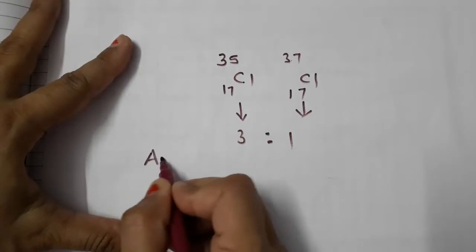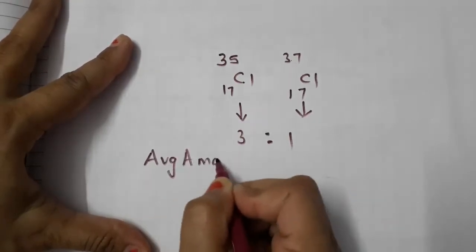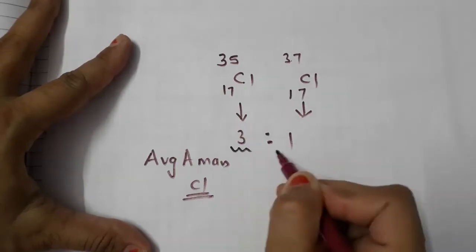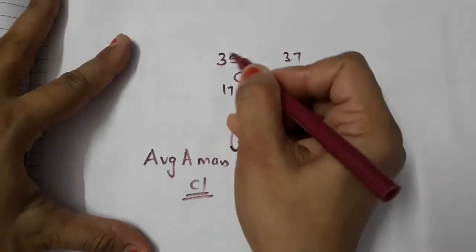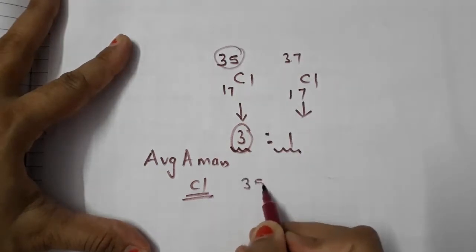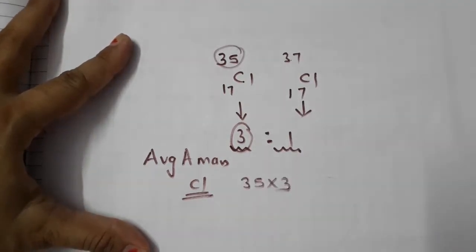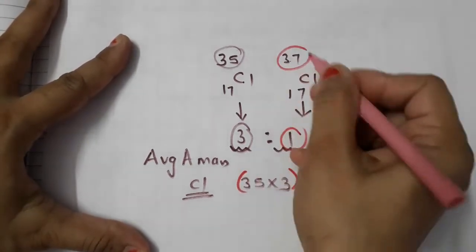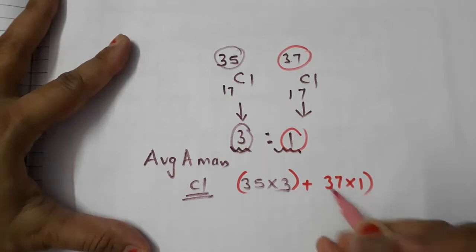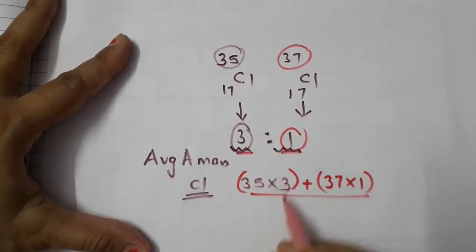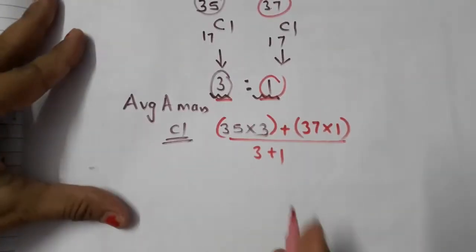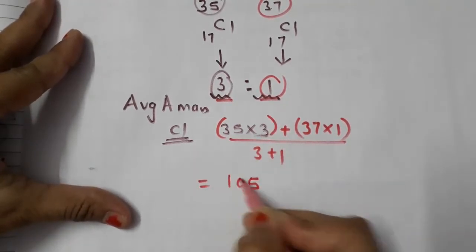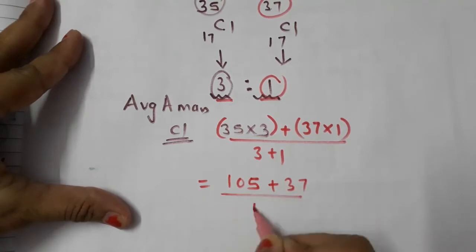So if we have to calculate the average atomic mass of chlorine, how are we going to calculate? We are going to consider their ratio also. So 3 into 35 plus 1 into 37, divided by 3 plus 1. 35 into 3 is 105, plus 37, upon 4.